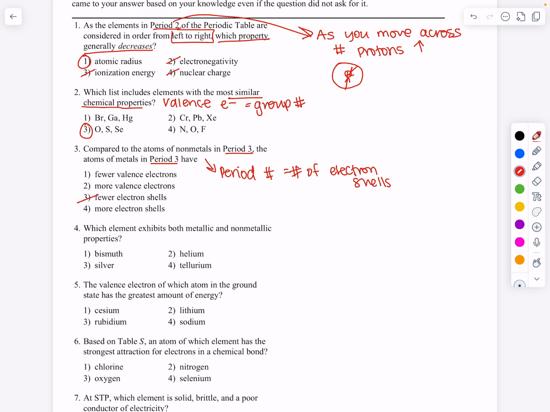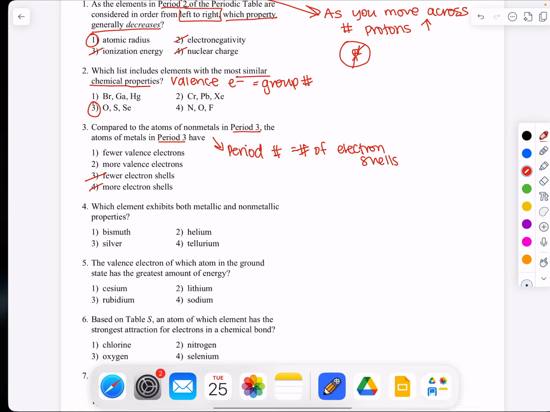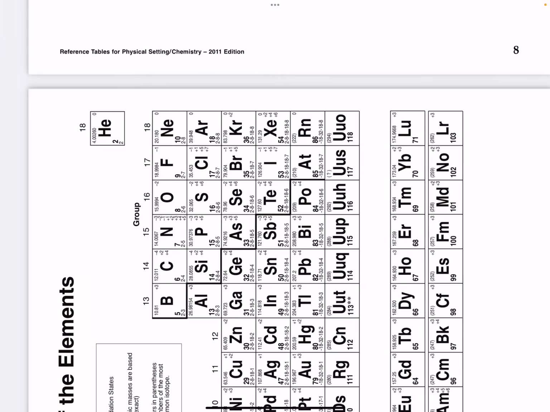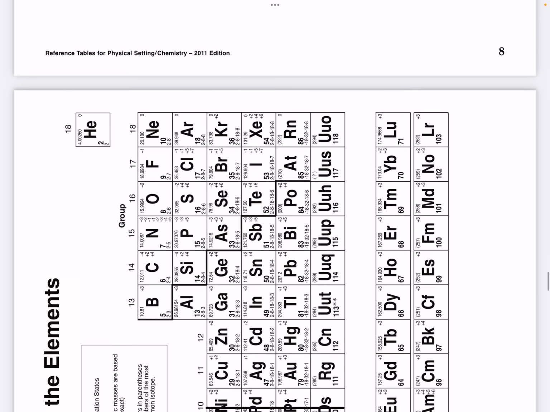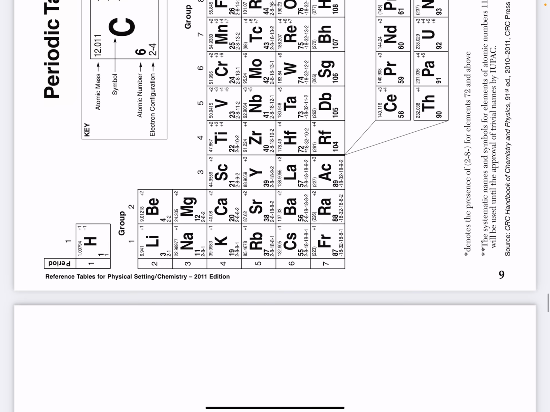So the electron shells we can eliminate because we're talking about period 3. It definitely has to do with valence electrons. Let's just take a look at period 3, comparing metals and nonmetals. You need to remember that metals are over here on the left side and nonmetals are above the staircase on the right side. So period 3, we're looking at valence electrons.